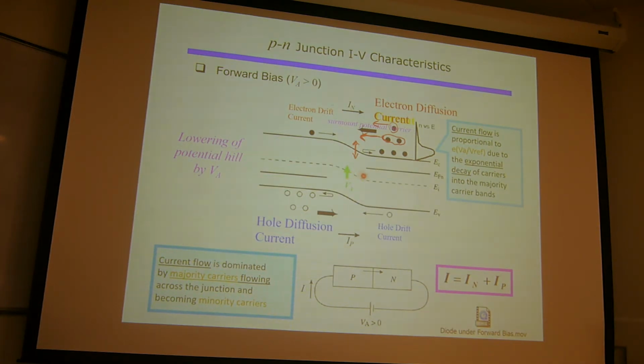So we see the split of the EFP and EFN. This is EFP, this is EFN, and we see the split of the EF due to the external voltage. And again, the P side is pushed down, so the EFP is lower than EFN.